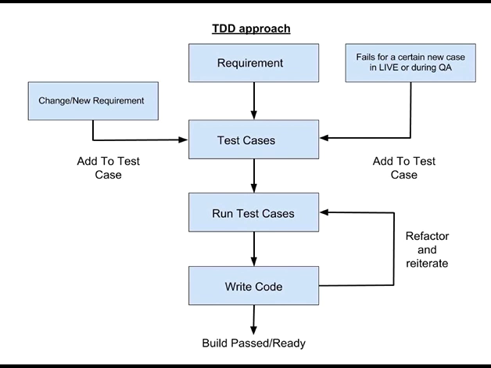What will happen if I run this test case the first time? Will it pass or fail? Why? Because you don't have the function. So the first thing is you write the test cases.